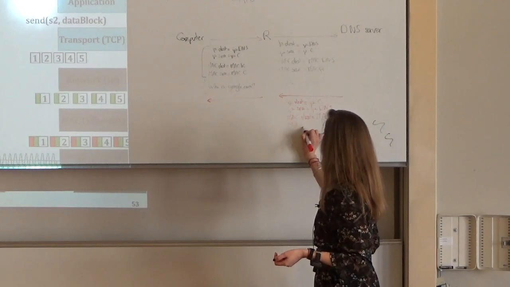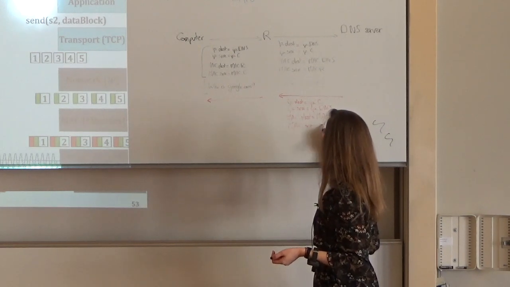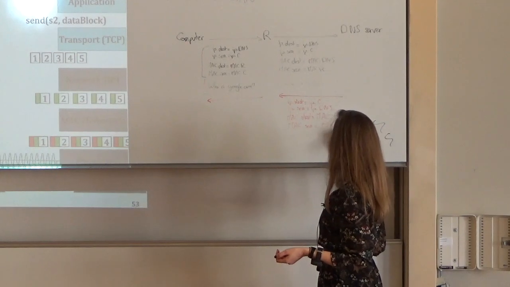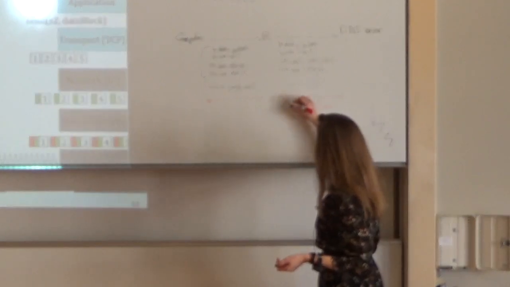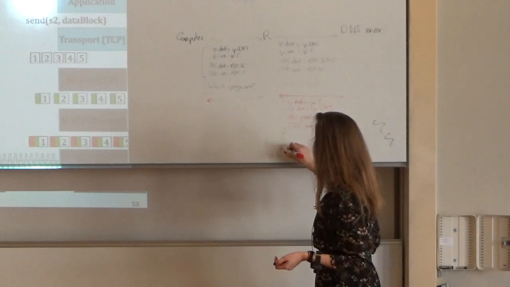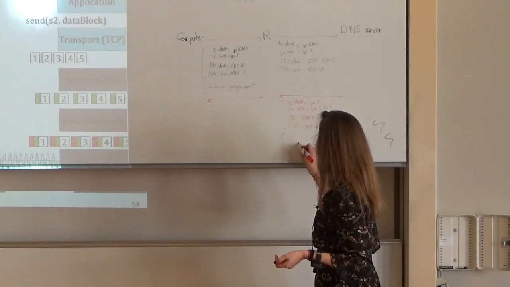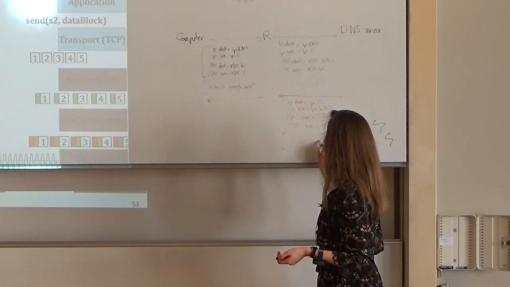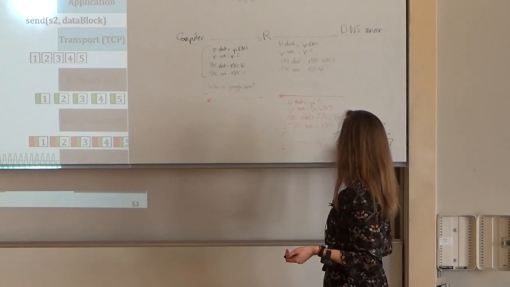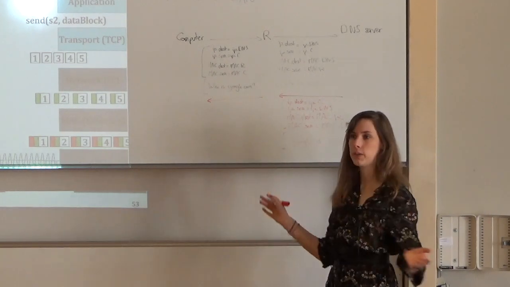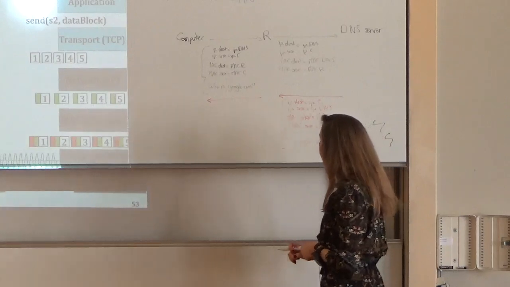And the MAC source is the MAC of the DNS. This is in the header, and in the payload we will have Google is, let's say, something 8.8.8.8. Okay, it's something else, but let's assume it's this.